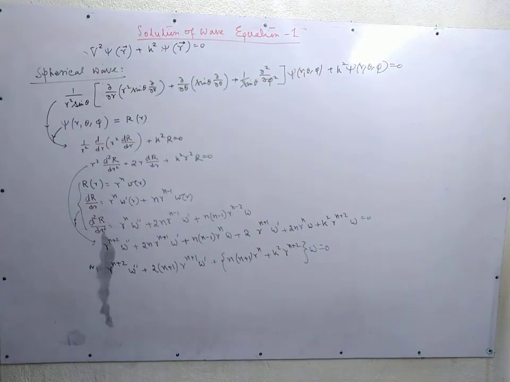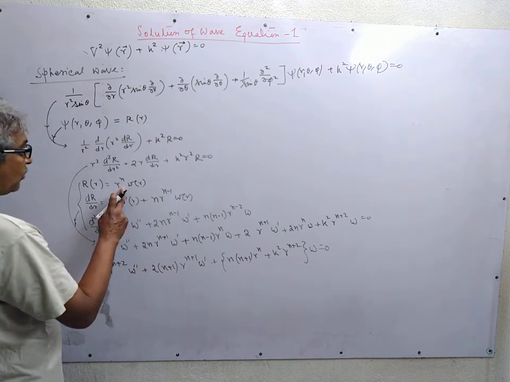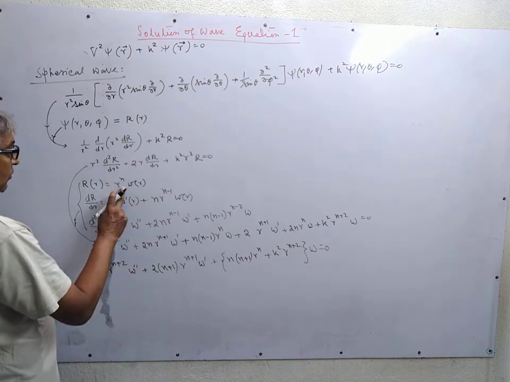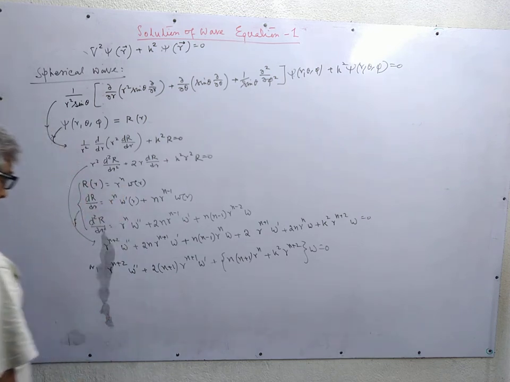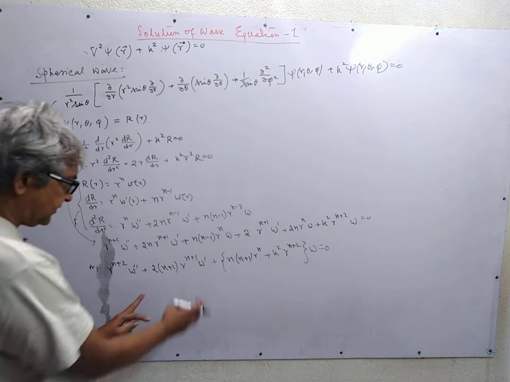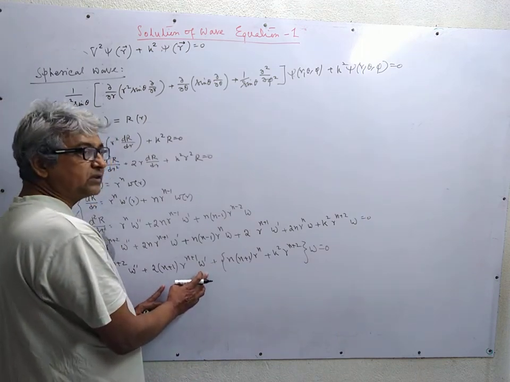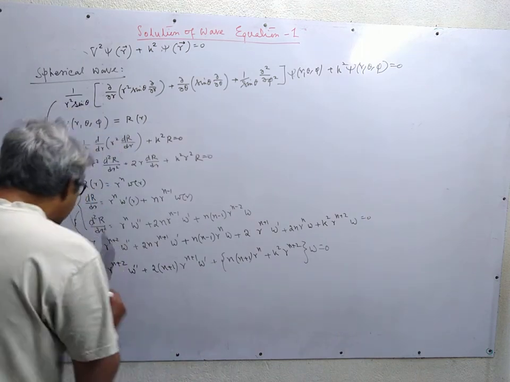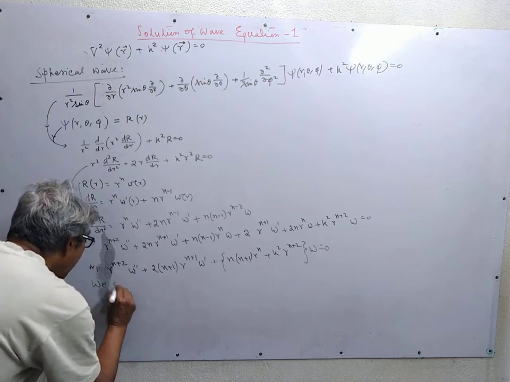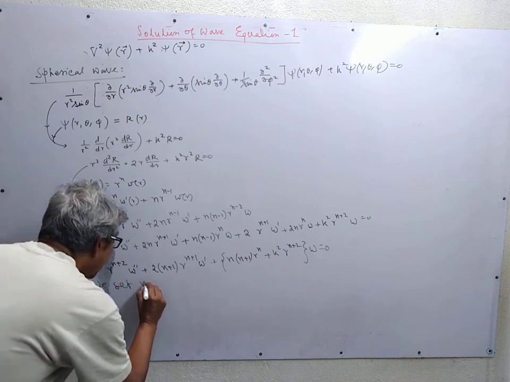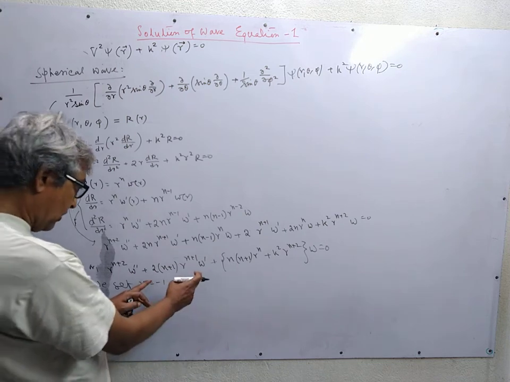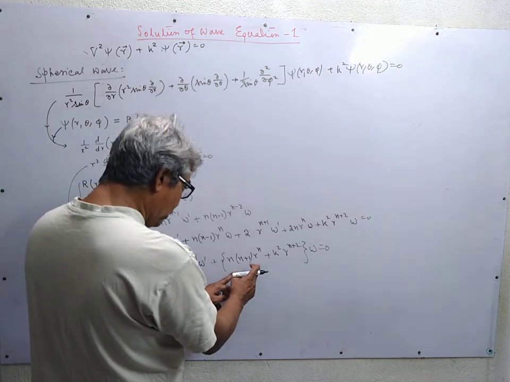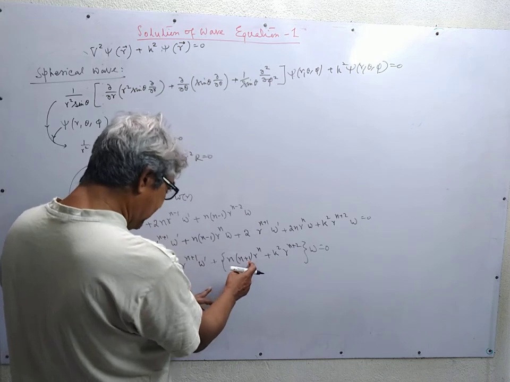We set n, in this case n could be any finite quantity other than 0. So we set n in such a way that there should be no first derivative term. In that case we set n equal to minus 1, in which case the first derivative term is not there and the n into n plus 1 term also disappears because n plus 1 is 0.